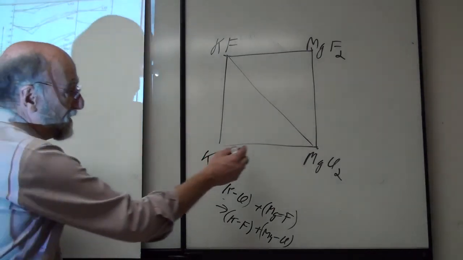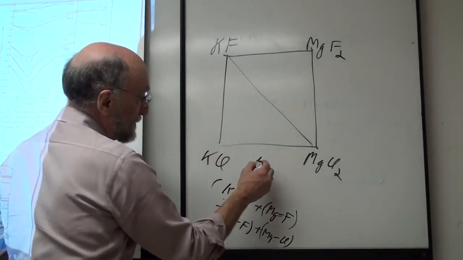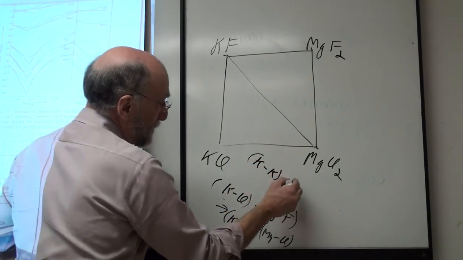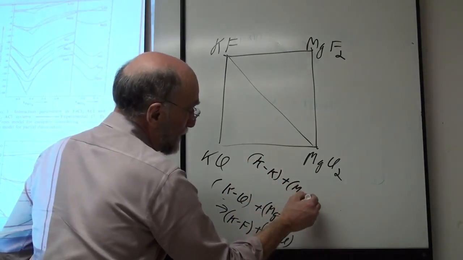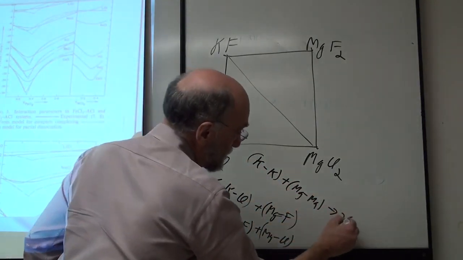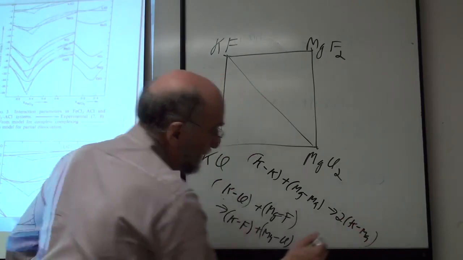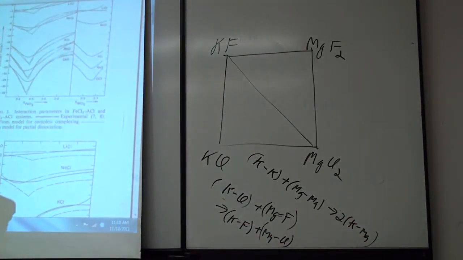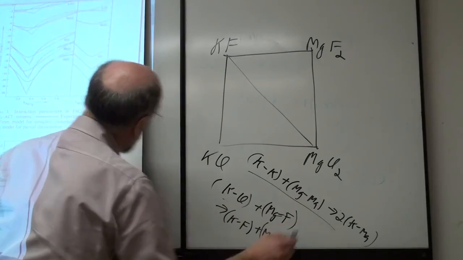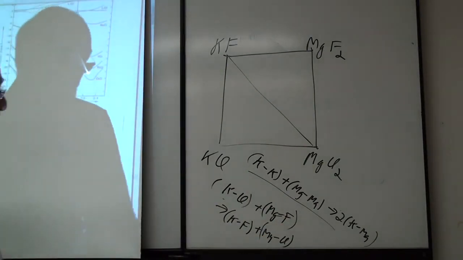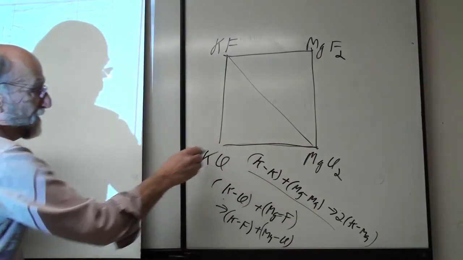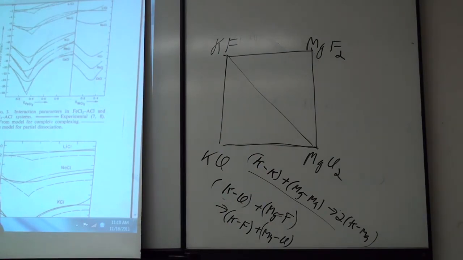But now we have second nearest neighbor short-range order. We have potassium plus magnesium produces 2 potassium-magnesium on the cation sublattice. So this is a second nearest neighbor ordering, which applies along the binary system. And we needed the quadruplet model.